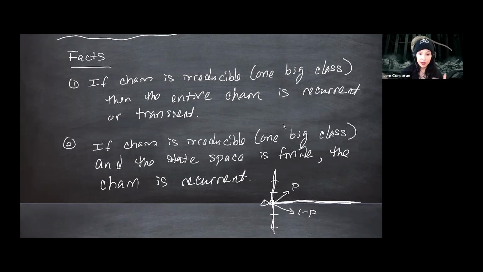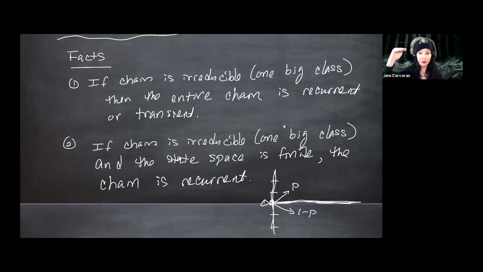By the way, with this scheme, everything communicates in theory. You can get from any state to any other state. So it's irreducible. So if one state is recurrent, the entire chain is recurrent. And so we can prove that if p is 1/2, this is going to be recurrent. And as you might expect, if p is not 1/2, it's transient. So if p is greater than 1/2, it's going to drift off to positive infinity.